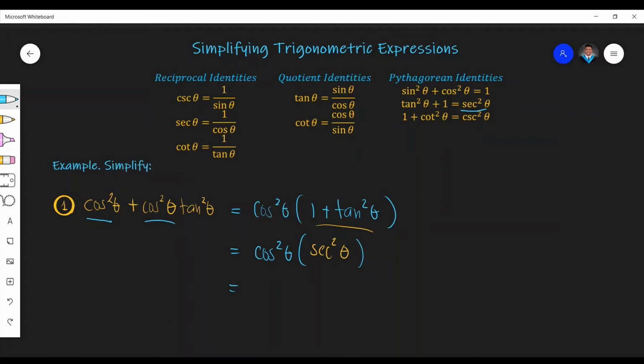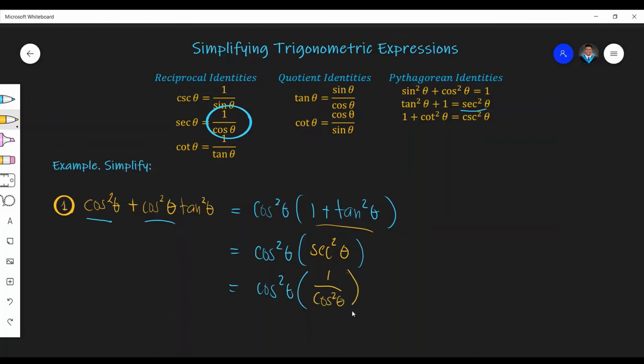And alam naman natin na itong si secant square theta, we can use the reciprocal identity of this one, and that is this. Okay? That is 1 over cosine theta. So in this case, we have cosine square theta. Then, i-multiply natin yan using the reciprocal identity. So, that is 1 over cosine square.